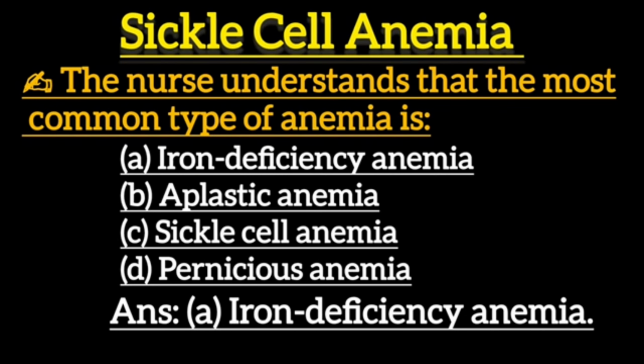Next one is, the nurse understands that the most common type of anemia is option A, iron deficiency anemia. Option B, aplastic anemia. Option C, sickle cell anemia. Option D, pernicious anemia. Correct answer is option A, iron deficiency anemia.